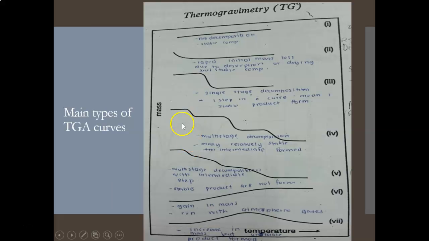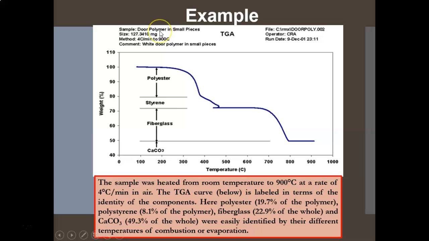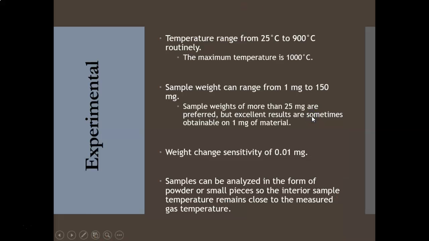So from the sample of the door polymer, we can examine what types of material are inside this door polymer. So we have 4 compounds, and by using TGA we can know the estimated percentage of this material based on the temperature of combustion or evaporation.